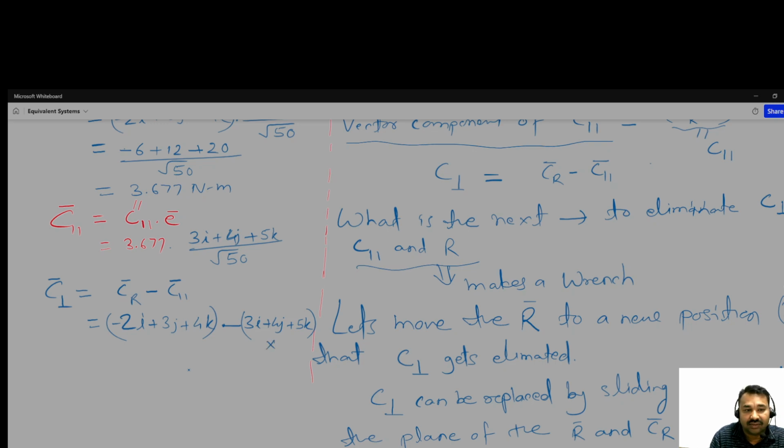Because there is this divided by this, so it is multiplied by 0.5185. Okay, so what we get from here? We get minus 3.56i, then 0.92j plus 1.4k.